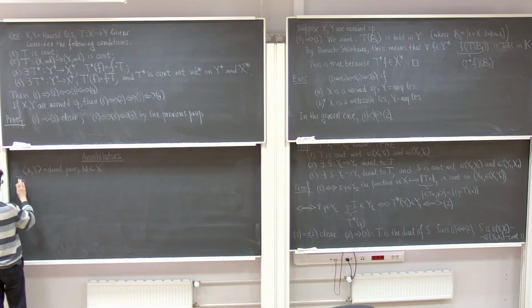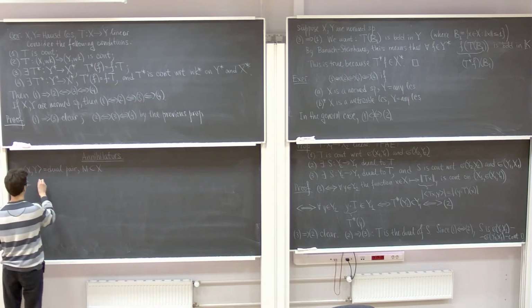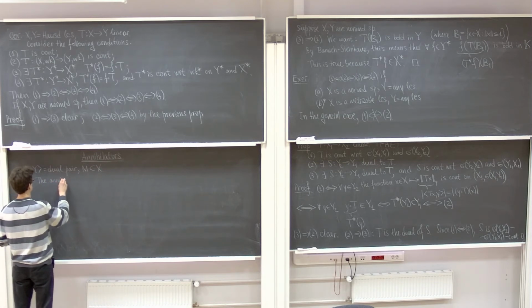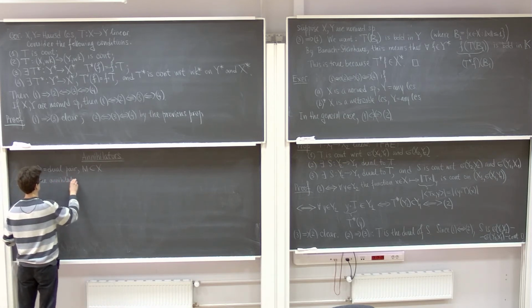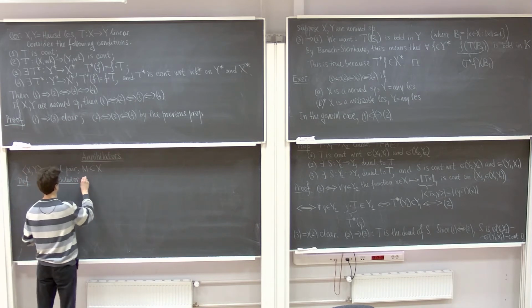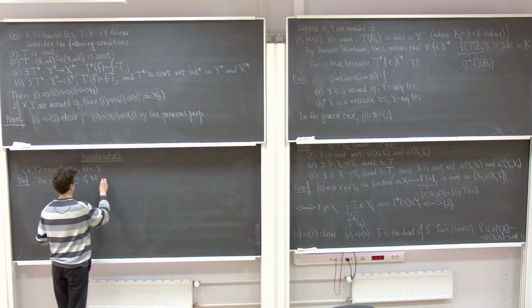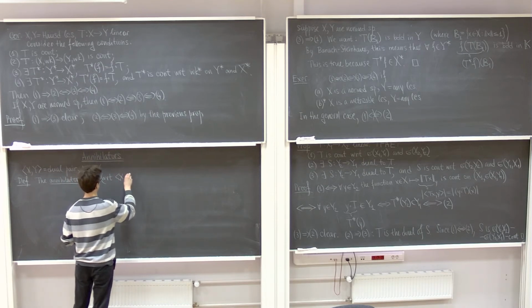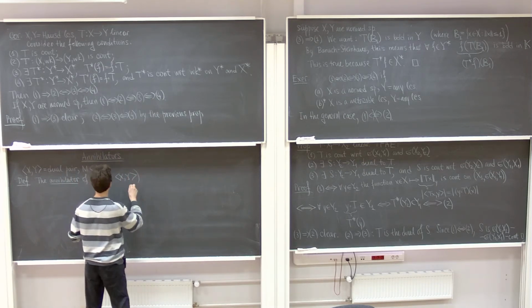And we give the following definition. We define the annihilator of M with respect to our dual pair in the following way.